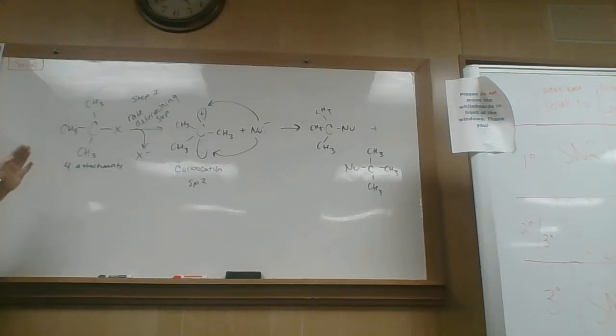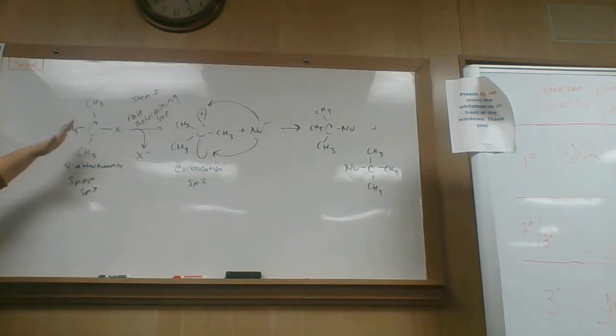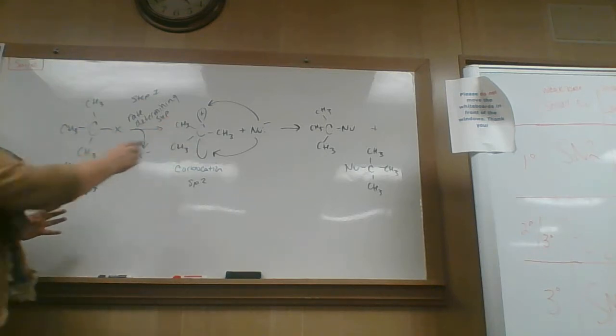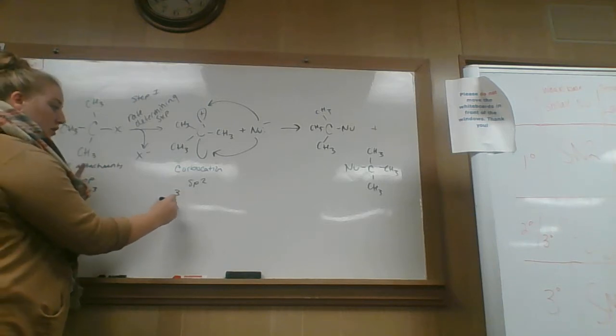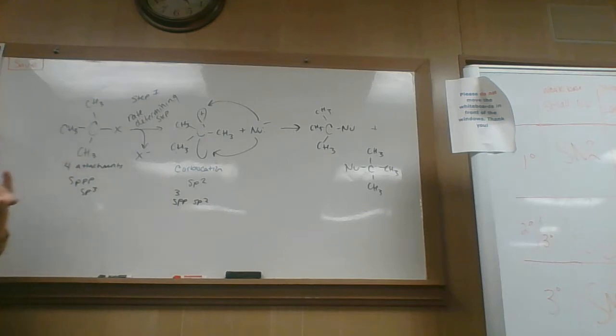So with your number of attachments, you count 1 s, and then you count up the p's. So 1, 2, 3, 4. This is an sp3 carbon. If we go back to this one here, this carbon has 1, 2, 3 attachments. So s, and then p, 1, 2, 3, sp2.